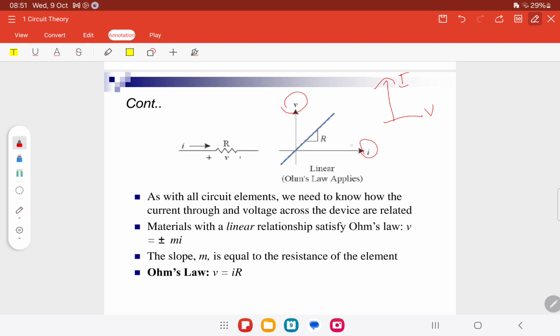So, since this one, R is considered as the slope here, V over I. Okay, the slope M is equal to the resistance based on this Ohm's law.